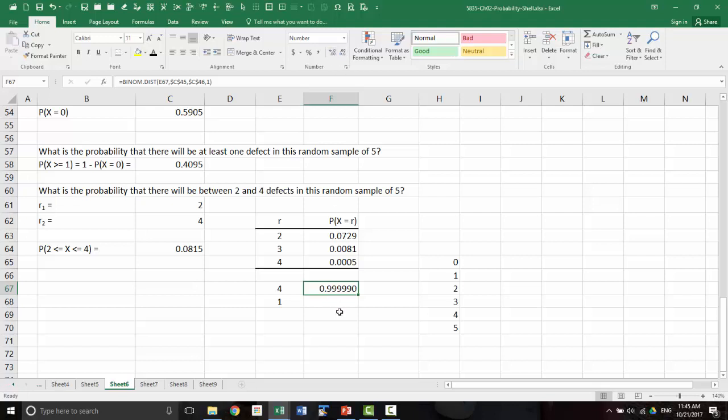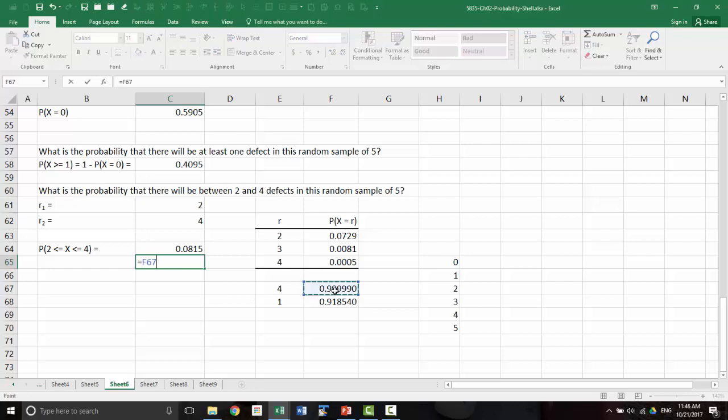It's not exactly equal to 1, it's very close to 1. Now we can subtract one from the other. That minus that will give you the probability that we are looking for.